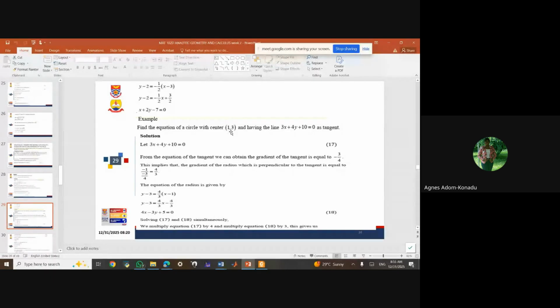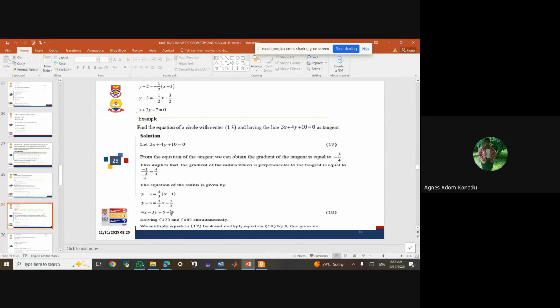We are given the center and now we have the gradient, so we should be able to find it. The equation will be y minus 2 is equal to 4/3 into x minus 1. Then when you solve, we get 4x minus 3y plus 2 is equal to 0.